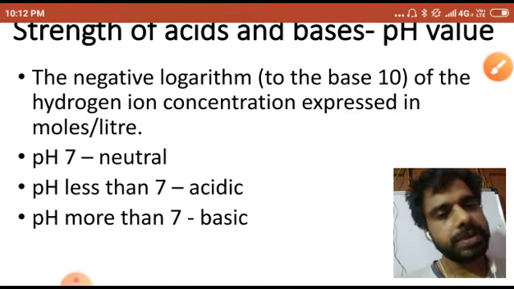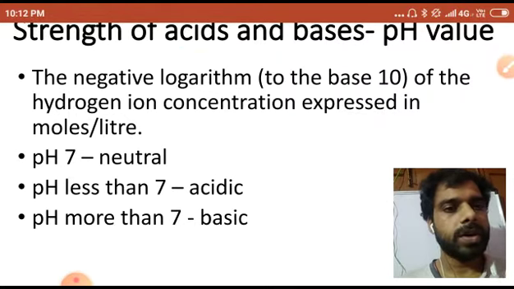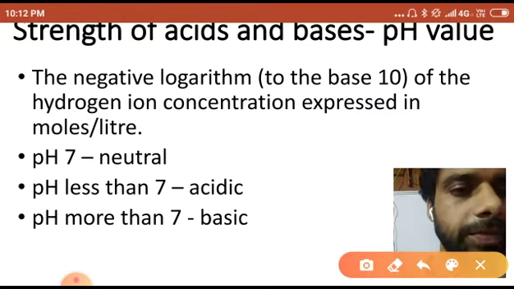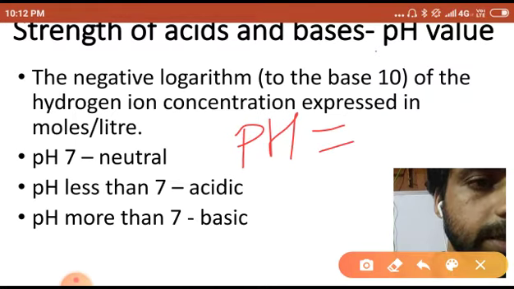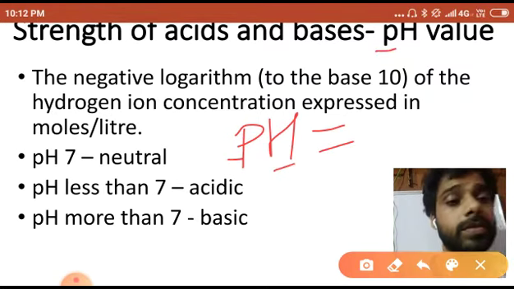Okay, the definition part first of all. So the pH value, if I write the formula of pH directly, you write this p in small case and H in capital letter. H will be in capital letter, p will be in small letter.